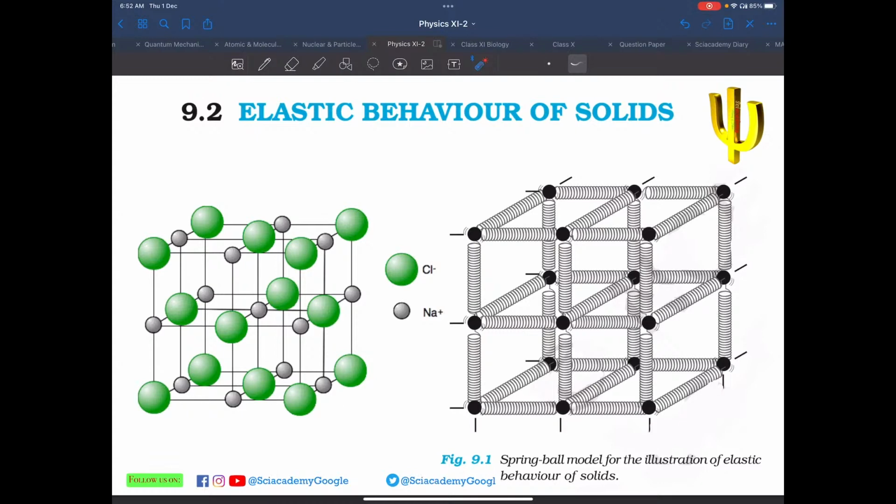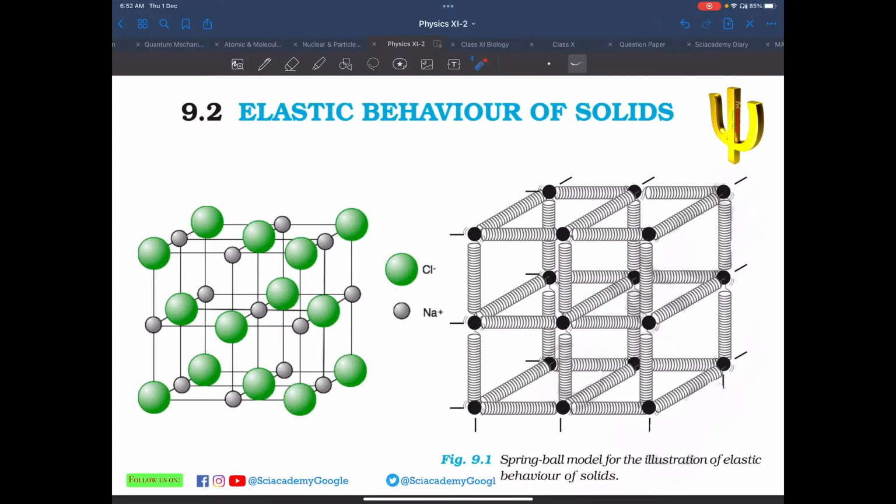If we assume the balls as atoms and the springs as the interatomic forces, then if you try to displace any ball from its equilibrium position, what will happen? The spring system tries to restore the ball back into its original position. Thus, friends, the elastic behavior of solids can be explained in terms of the microscopic nature of the solids.